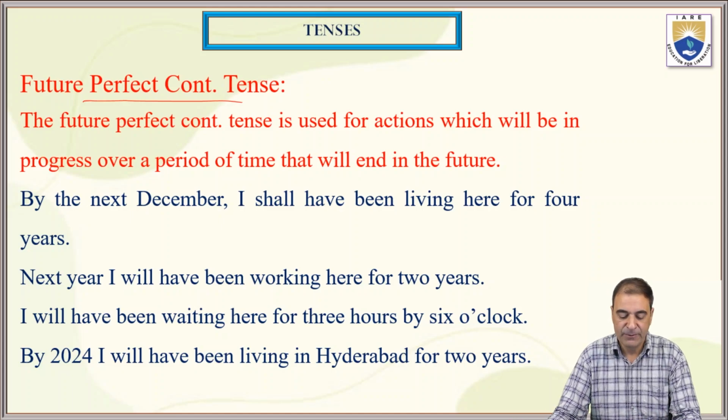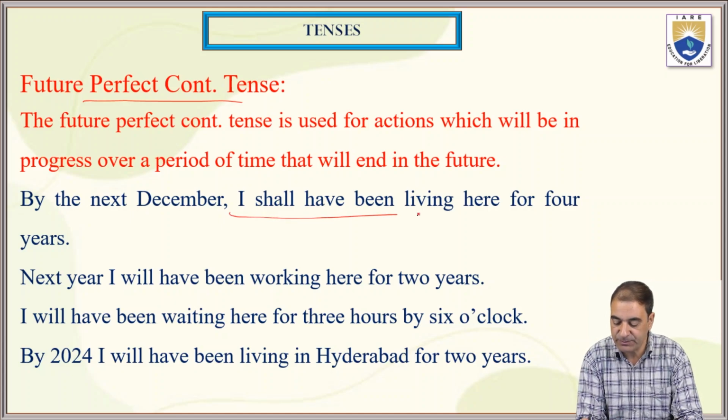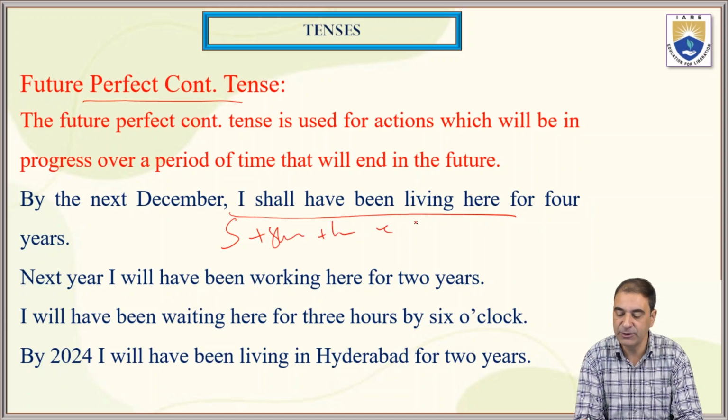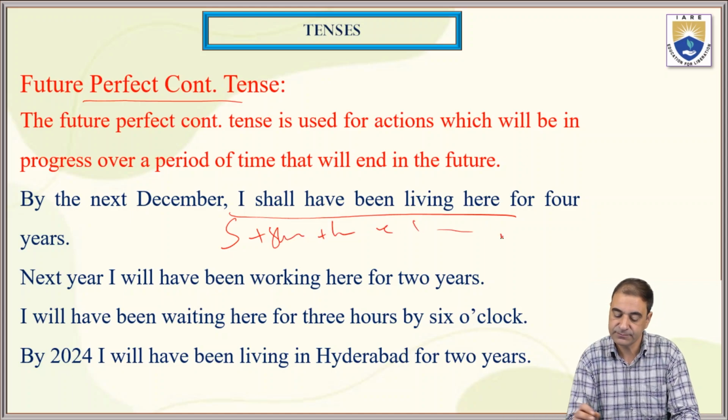For example, by next December, I shall have been living here for 4 years. Or next year, I will have been working here for 2 years. Again, this is future perfect continuous tense. In future perfect continuous, we have subject plus shall or will plus have plus been plus verb in ing form.